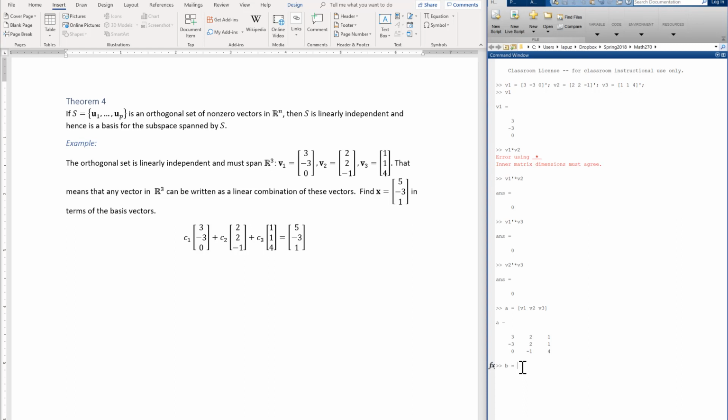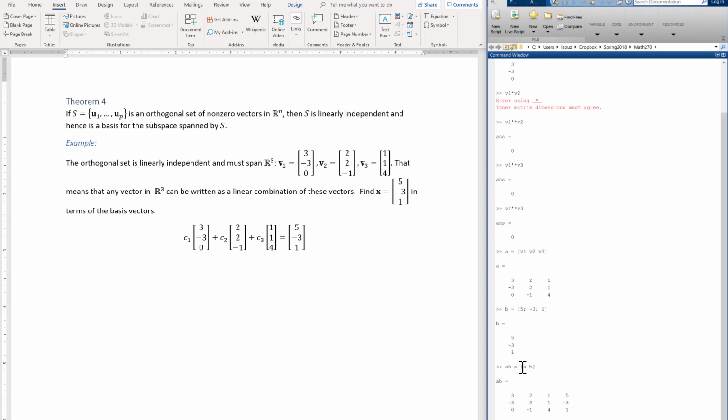So b is going to equal 5, and then it's a column vector, so let's write it with semicolons. And so we can say the augmented matrix, let's call it AB, is going to equal A and b, so that we have a 3x4 matrix.